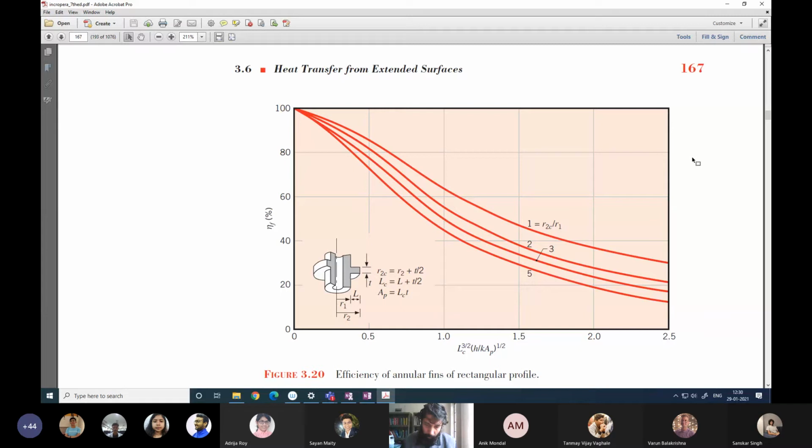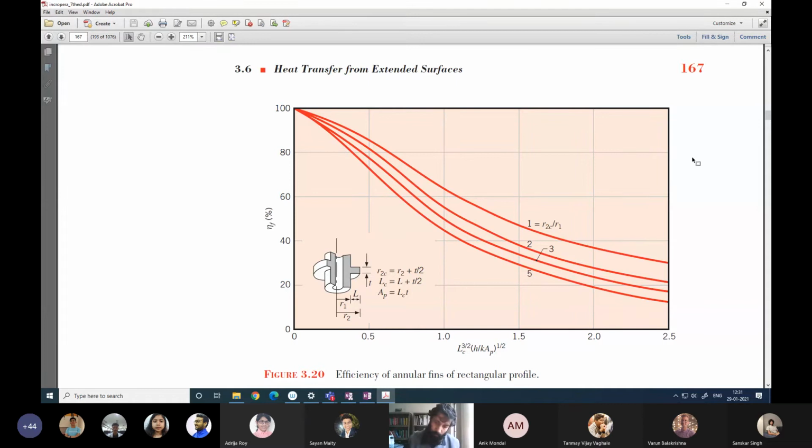Okay, that comes to be 0.24 into H is 65 divided by 200, into 65 divided by 200.